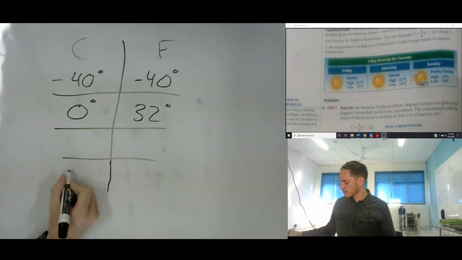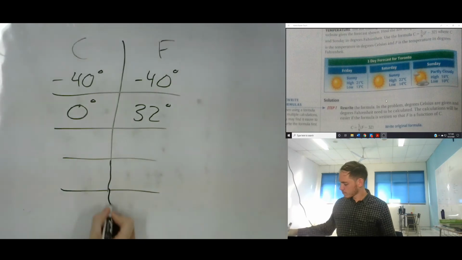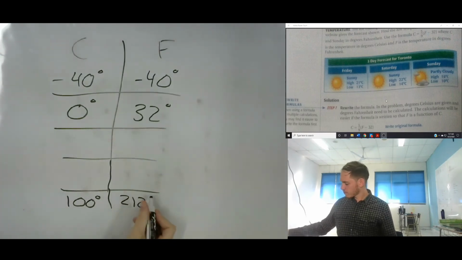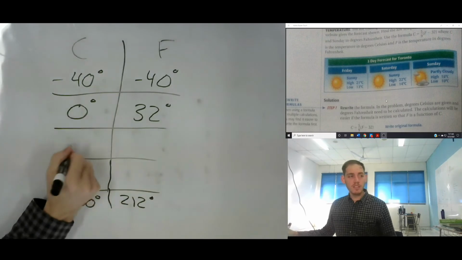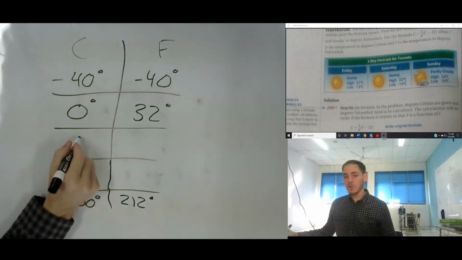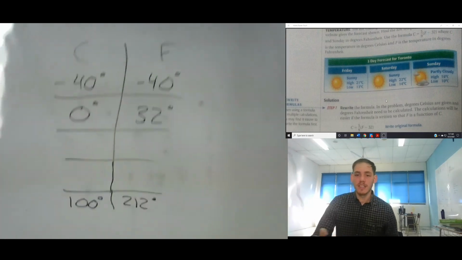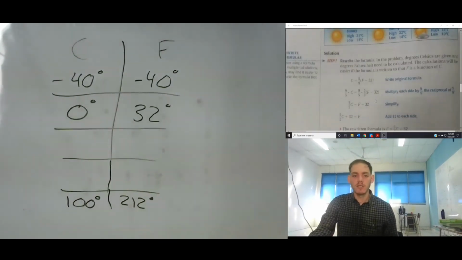Obviously 100 and 212. And then there's room temperature, which depends on where you're at. I believe it would be reasonable to say it's around 22.